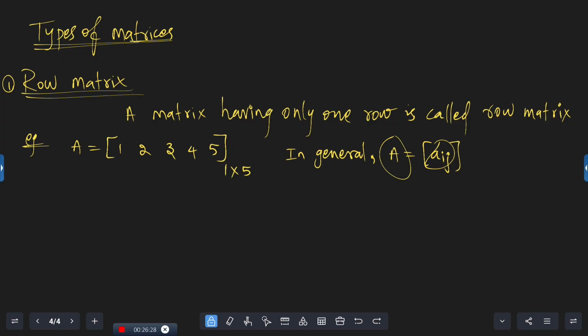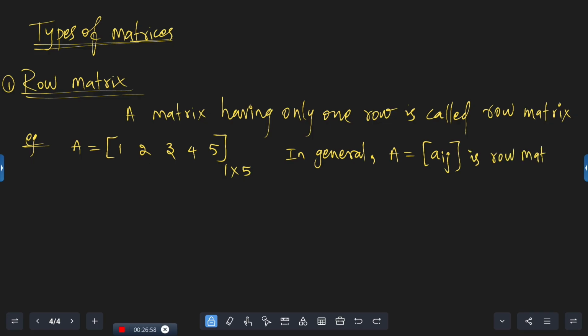A matrix must always be denoted by a capital letter. Don't forget it. Inside entries will always be small letters. So i means row, j means column. Understand? i means row, j means column.